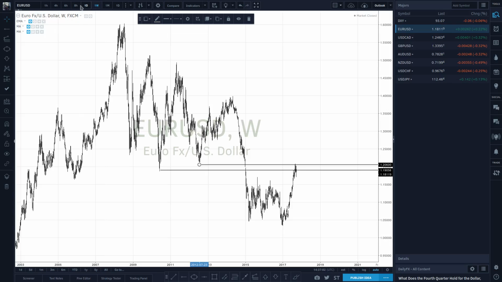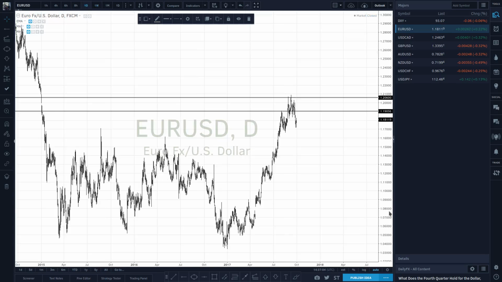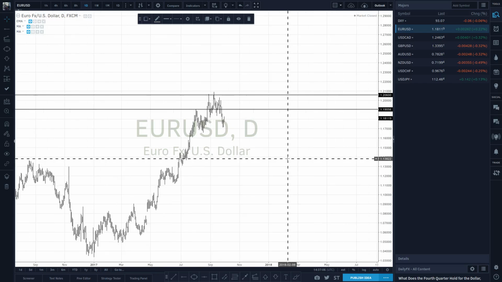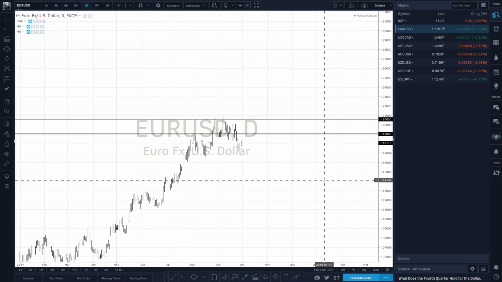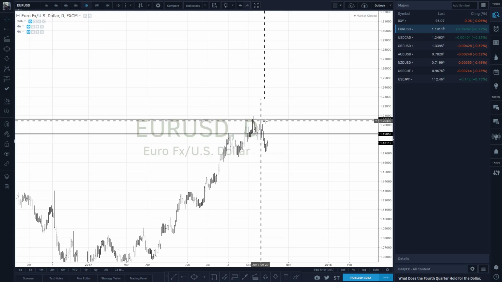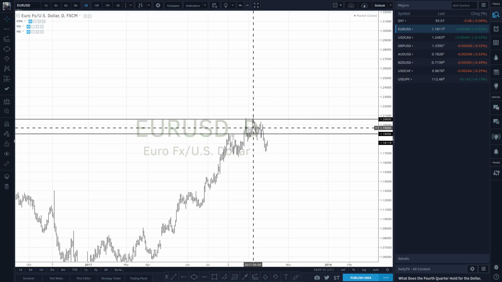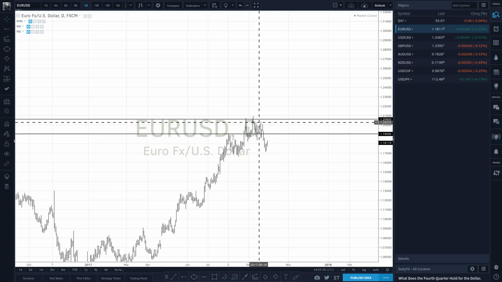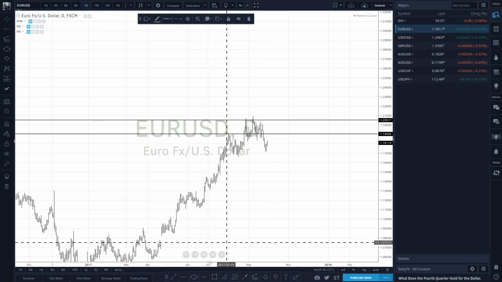We move down to a daily chart. You can see that price actually came up and created a false breakout of this level here. You can see that happening all through here, right here.